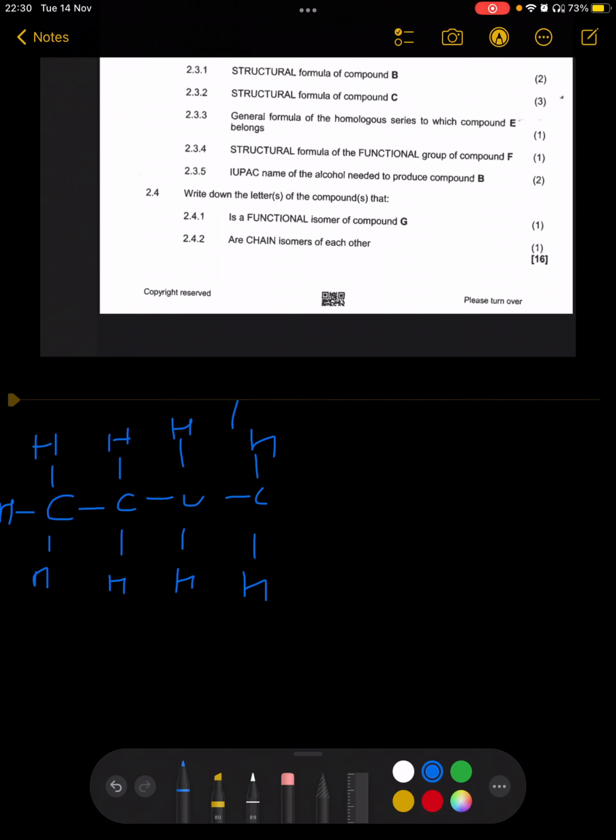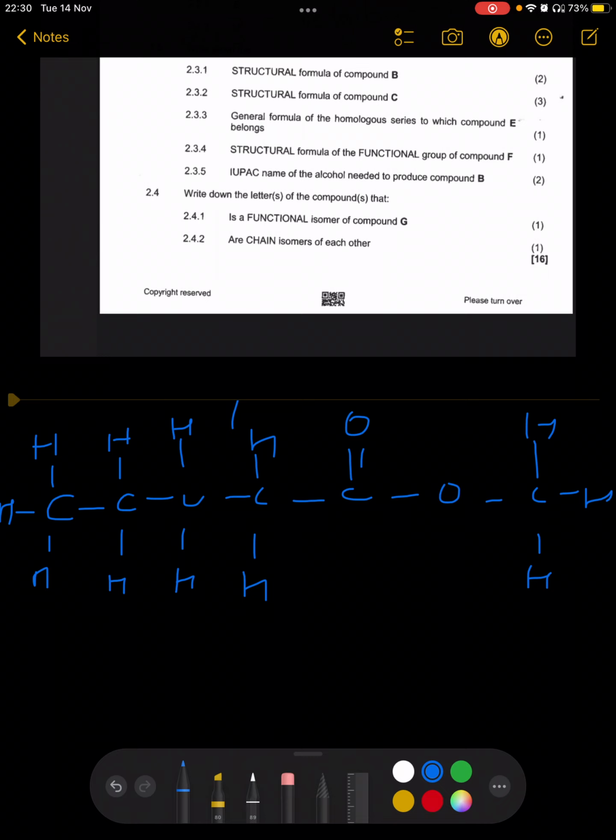Or it's a COO, which means it could be a C double bond O and an O with a CH3. And that would be your structural formula of compound B.